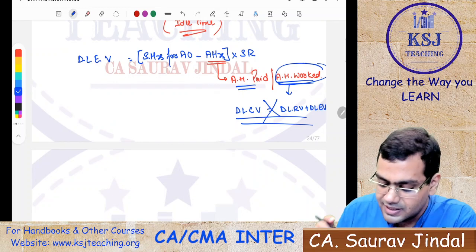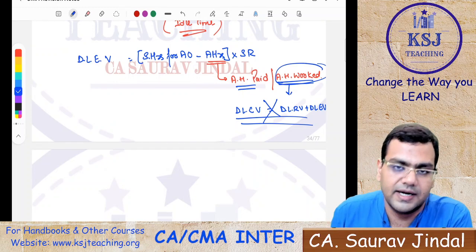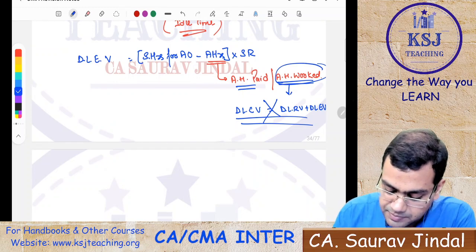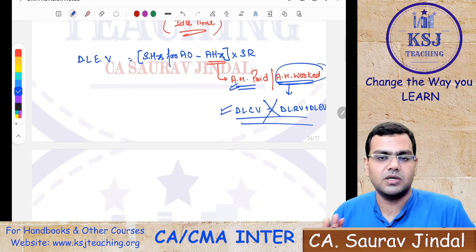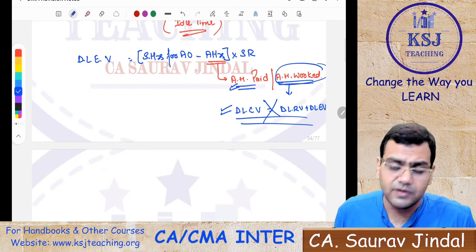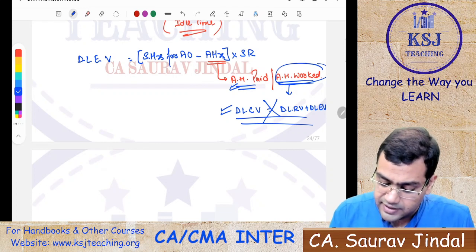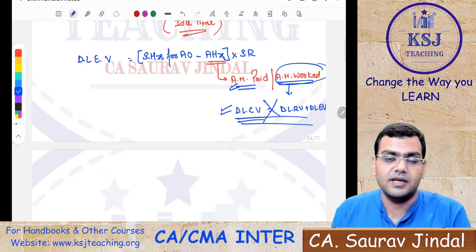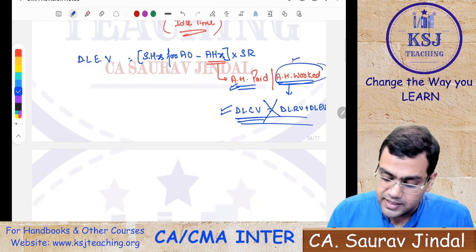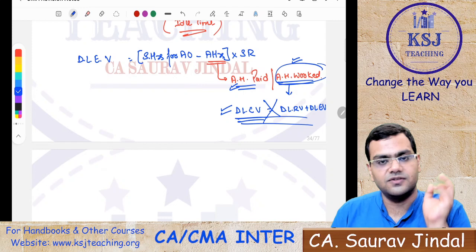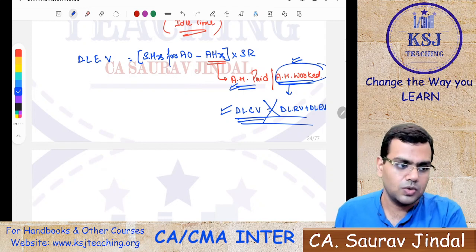Nothing to worry, but this equation will not hold true in that case. But if you take actual hours paid here, then this equation will hold true. This you have to remember, because in the examination sometimes you might get confused. Sir, I'm taking it correctly, and this is one way of verifying the answer, whether this equation holds true or not. But if you take actual hours worked here, then this equation will not hold true. It is very clearly mentioned in the books also, right?